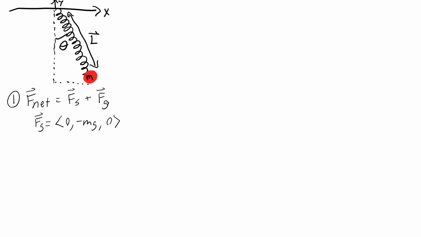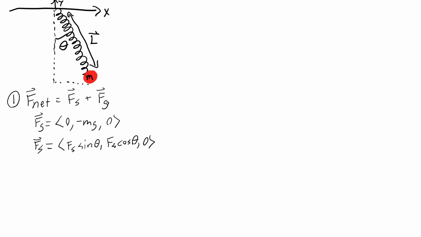Now the spring force is a little bit more complicated, but pretty much I'll write down the spring force times the angle that it's at. It may not be intuitive just by looking at it, but the x component is actually going to be our spring force sine theta, and the y component will be the spring force cosine theta.